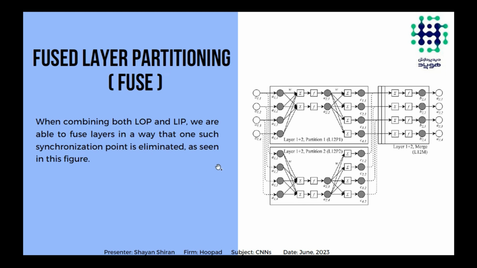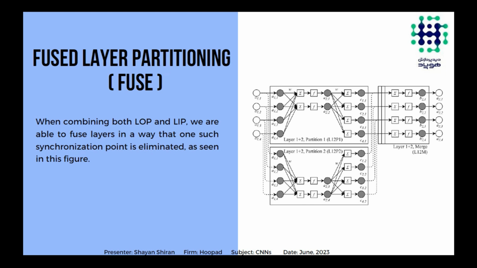Here the first one is LOP, and in this intermediate layer it is LIP, and then again it merges and concatenates the weights that it gets, and then applies the activation function.